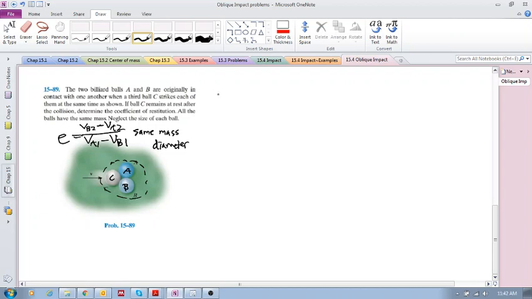Okay. So we have the mass of C, velocity of C at 1, plus the mass of A, velocity of A at 1, plus mass of B, velocity of B at 1, equal to, believe it or not, the mass of C, velocity of C at 2, plus the mass of A, velocity of A at 2, plus the mass of B, velocity of B at 2.